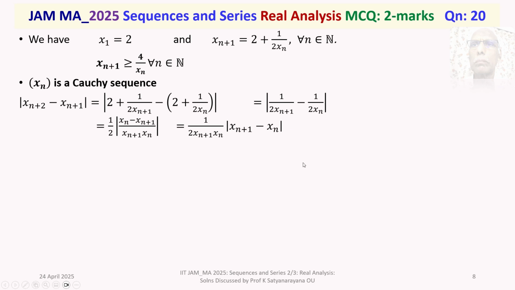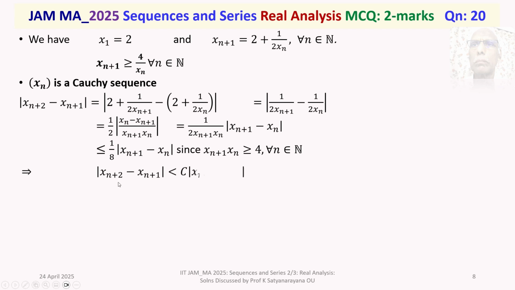And now this is less than or equal to 1 by 8 times modulus of x_{n+1} minus x_n. Why? Because x_{n+1} x_n is greater than or equal to 4 for all n belongs to N. For that reason, this will be 1 by 8. And this 1 by 8 works out to be c, and this c satisfies 0 less than c less than 1.